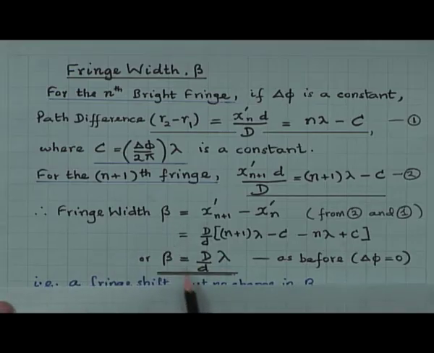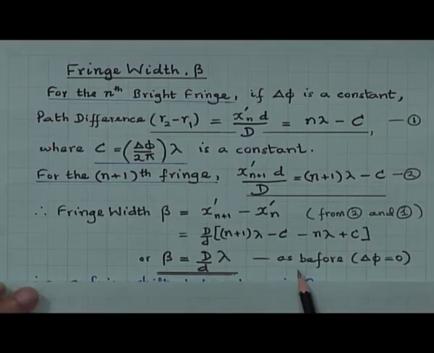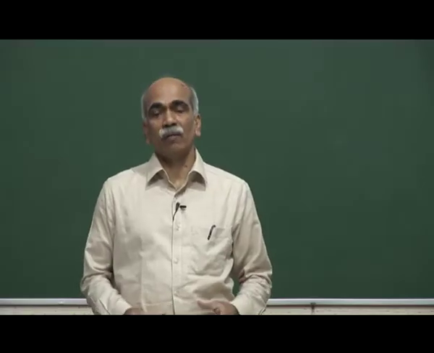This is the fringe width, as before. As before means the case when there was no initial phase shift, that is the case when the source S was on the perpendicular bisector.